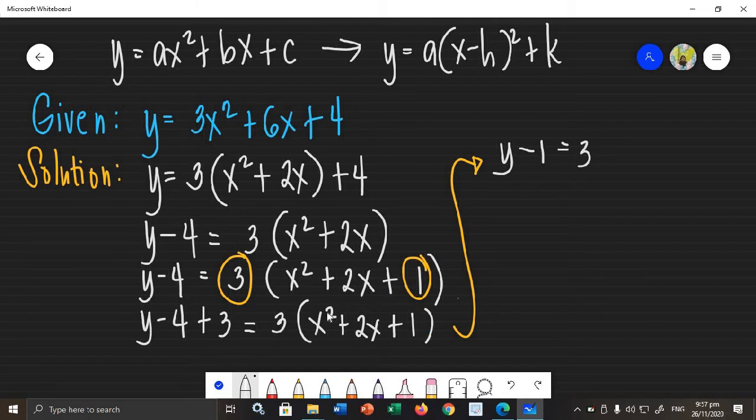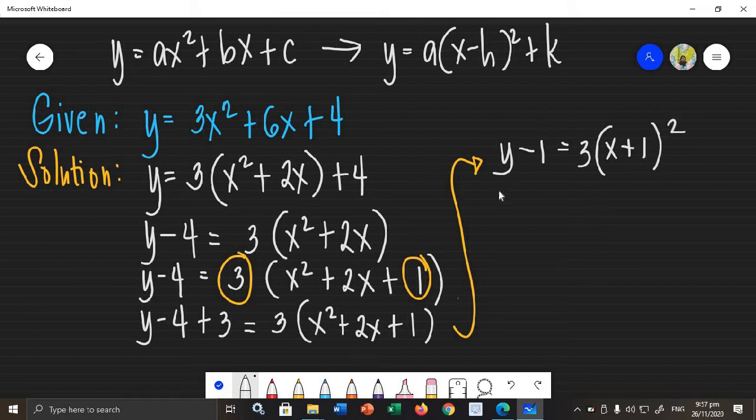And then, please factor out this perfect square trinomial. So, when we factor it out, it will become the square root of x squared, that is x, the square root of 1, that is 1, and then the sign of the middle term or the linear term, which is positive, and then we need to square it.